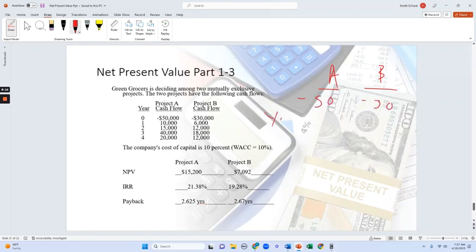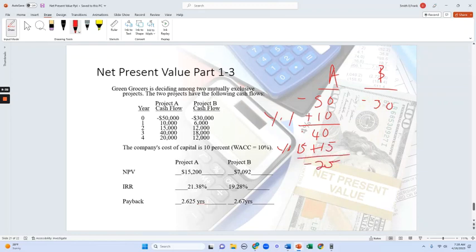The year one cash flow for A is 10. So we got 10,000 of our money back, but we still owe 40. And year two cash flow is 15. So we take away the 15 from it, and we still owe $25,000.